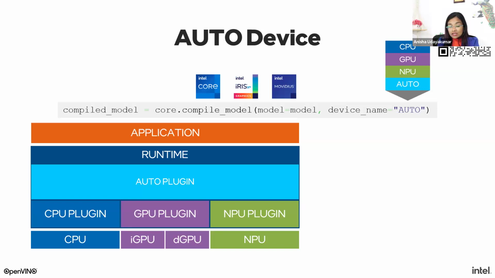And slowly, if there's a GPU, it picks up the best performance out of it and slowly starts moving towards it. So using Auto in OpenVINO simplifies device management, optimizes performance, and ultimately makes the developer's life easier. And that's always our ultimate goal.